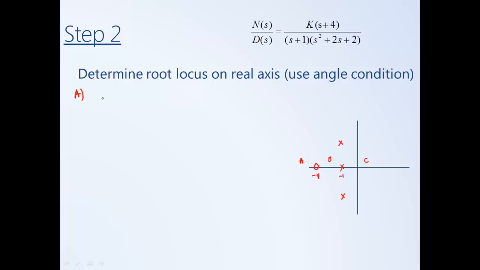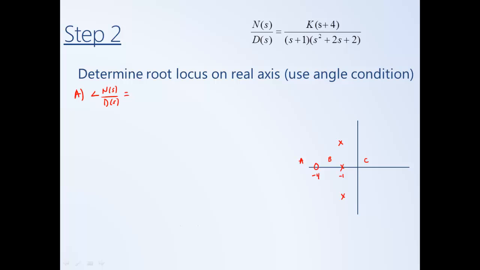So for region A, we know that the angle of this complex number, when we pick some value of s and plug it into the open loop transfer function, must equal minus 180 or some multiple of minus 180. Furthermore, if you think back to the very beginning of the class, to that review material about complex numbers, you may recall that when we're dividing two complex numbers, their angles subtract.